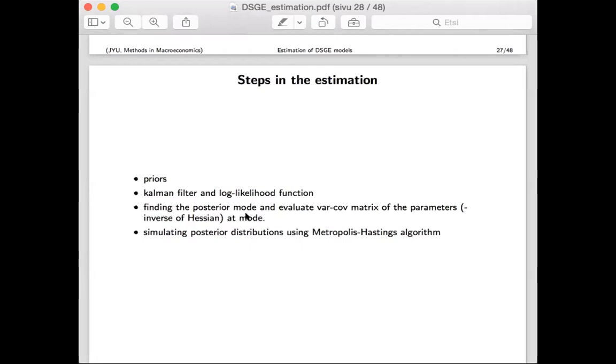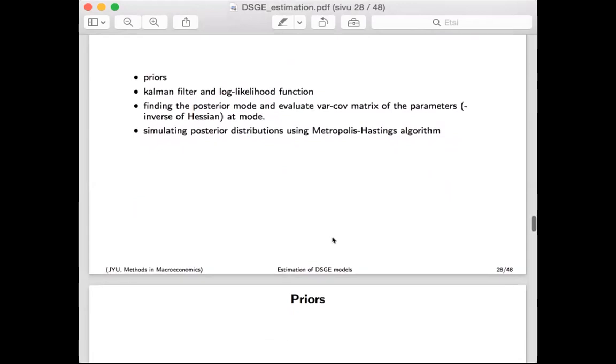One first finds the maximum point for it, and then starts to simulate the posterior distribution using the so-called Metropolis-Hastings algorithm. That's often used. There are these days also more efficient algorithms introduced, for example, the so-called sequential Monte Carlo algorithm.